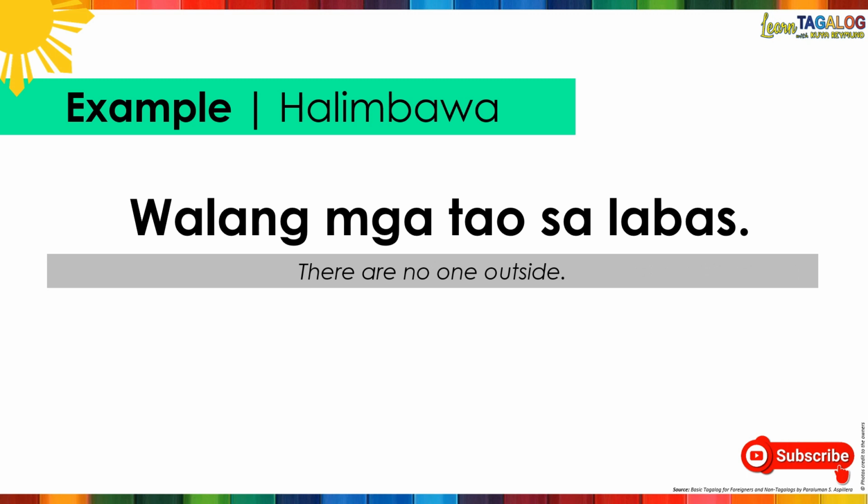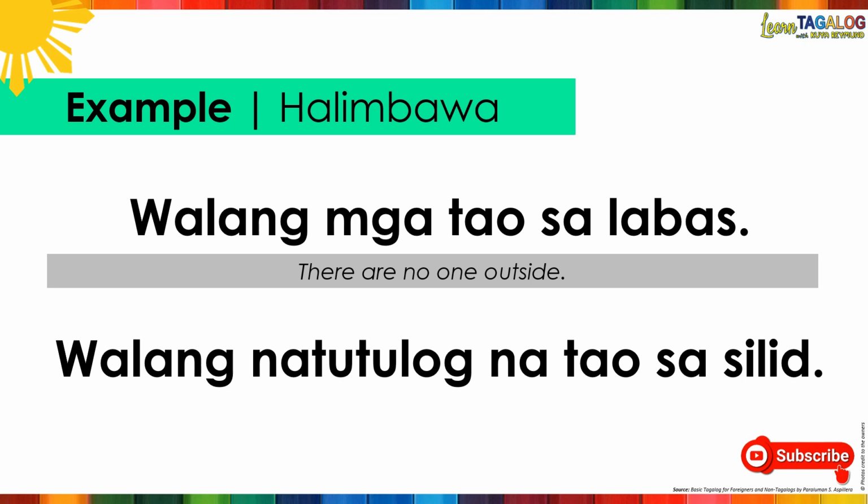And then another thing that we have to remember is that, like what I've mentioned earlier, we have the word mga. So mga makes the noun plural. So walang mga tao sa labas, mga tao. When we say tao, that's singular. But when we say mga tao, that's plural.